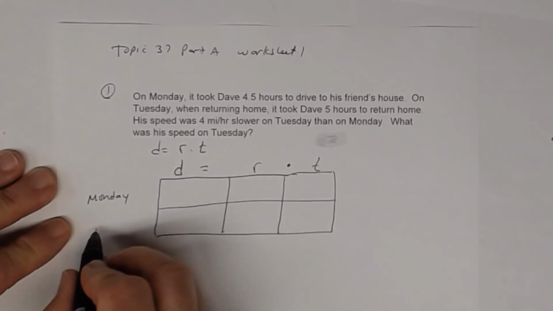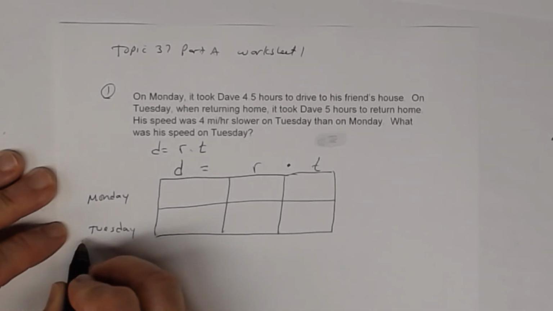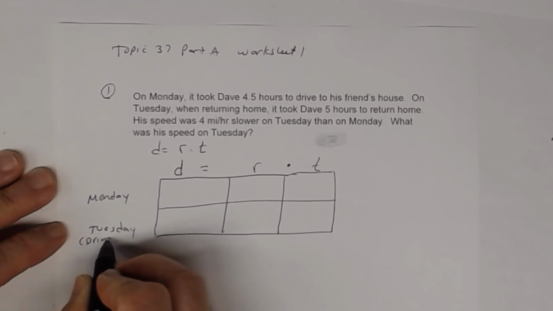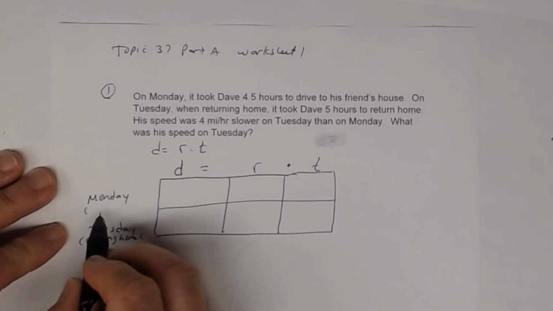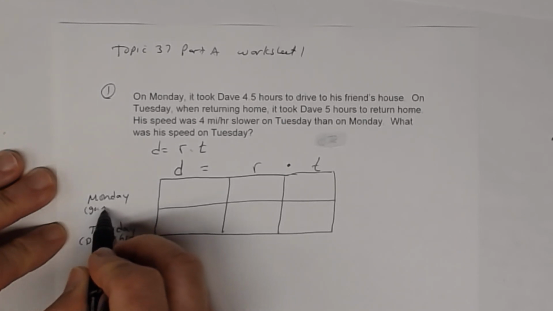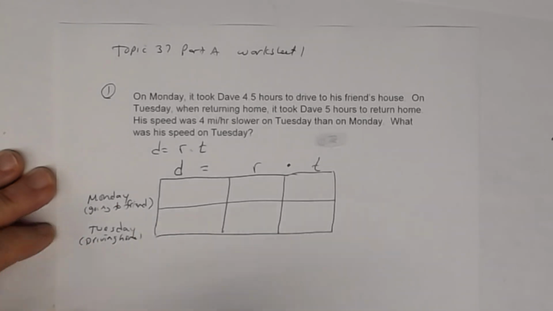And then there's a situation on Tuesday where he is driving home. So I'm going to put in parentheses driving home. And over here you could say on Monday, going to friend's house.